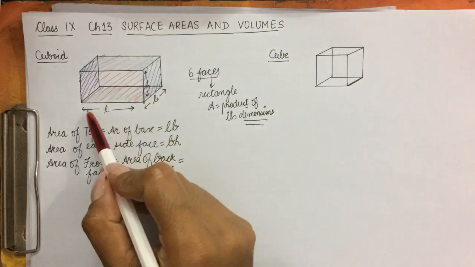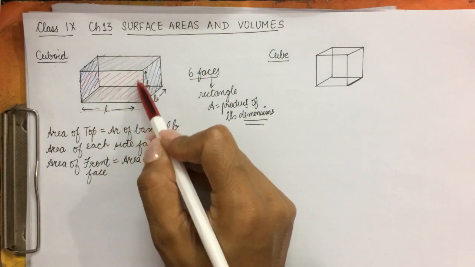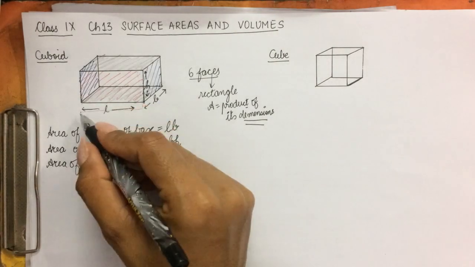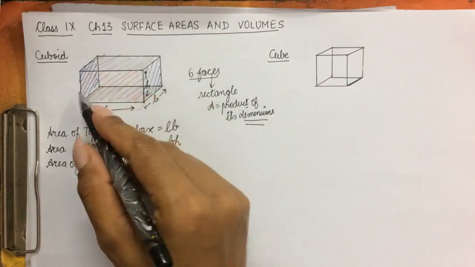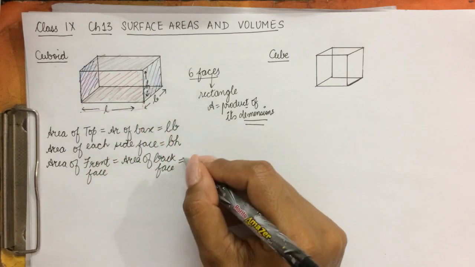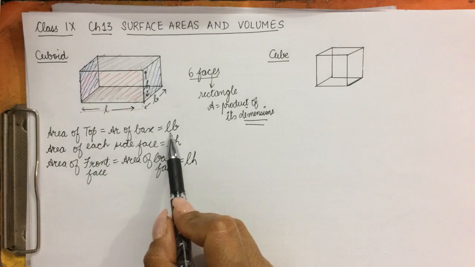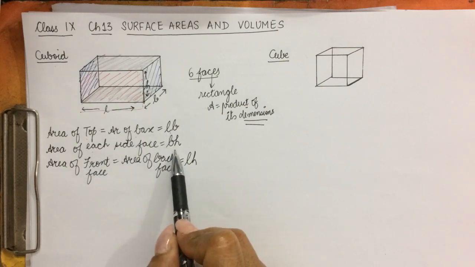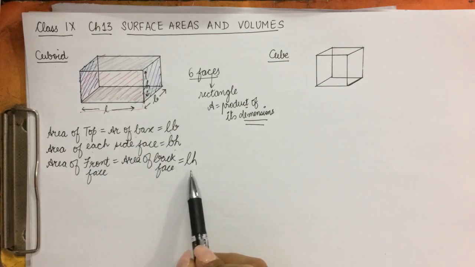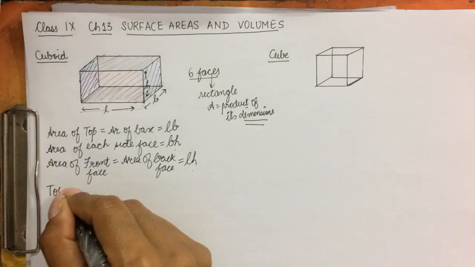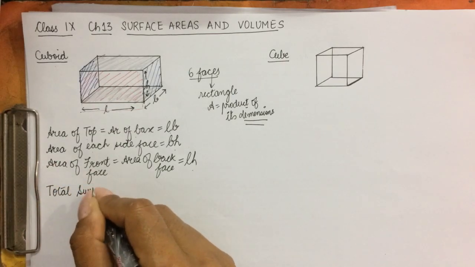The dimensions for this are L and H. Same will be for the rectangle at the back. So the area for this, the rectangle shaded in red, is L multiplied by H. So 2 faces have an area LB, 2 faces have an area BH, and 2 faces have an area LH each.